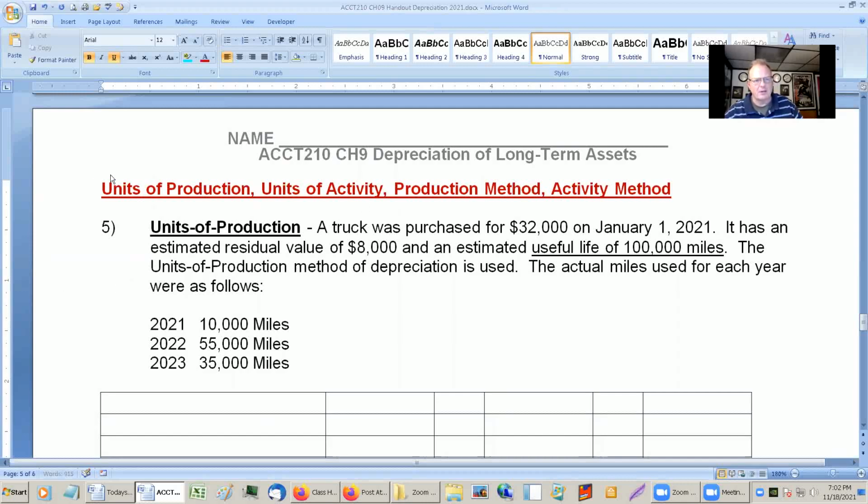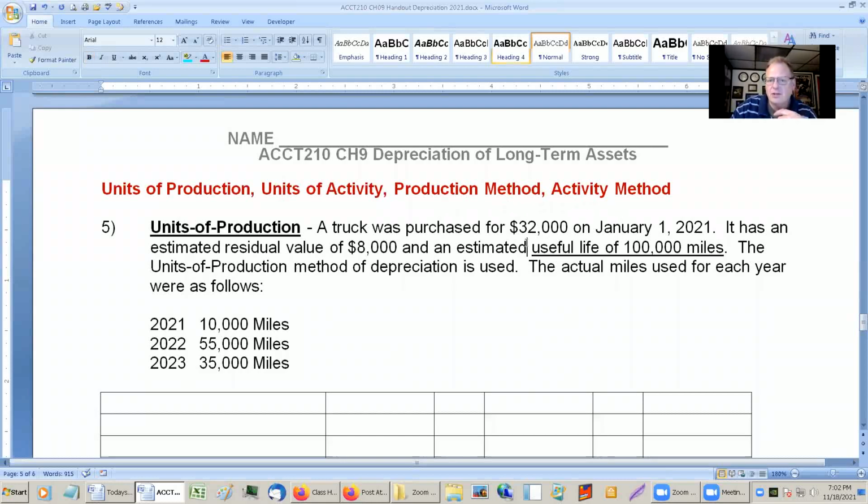So these are all the same thing, and different books and people will call it different things, but they all mean the same thing. It's where you don't use years.